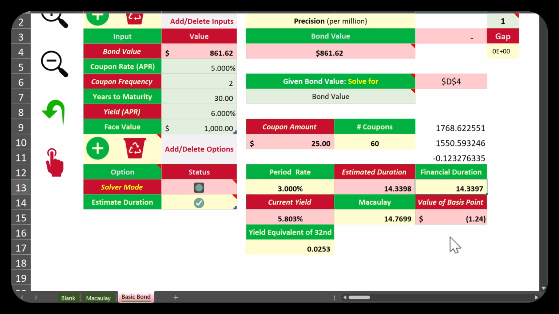But if this was a 5-year bond or 10-year bond, that number is much smaller. So the interest rate risk of a 10-year bond is slightly more than half of a 30-year bond. That means the longer the maturity of your bond portfolio, the higher the interest rate risk.